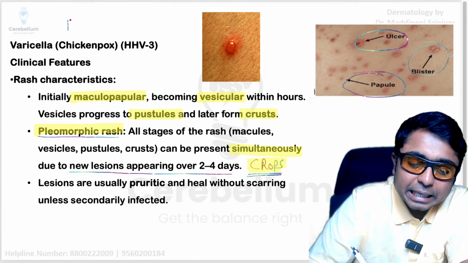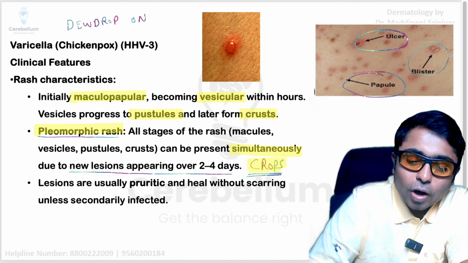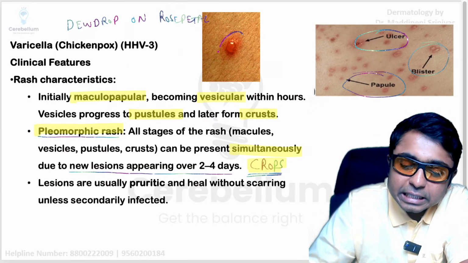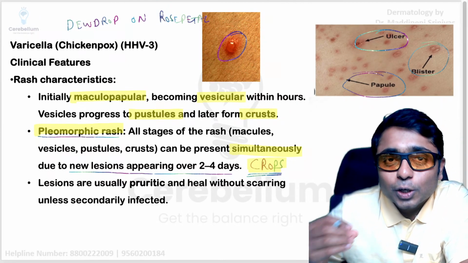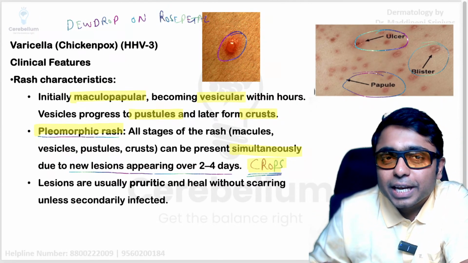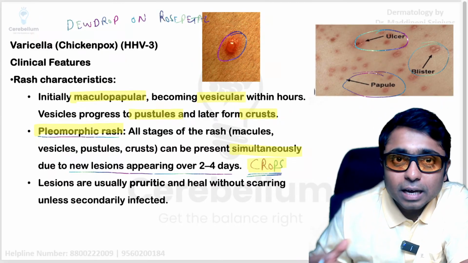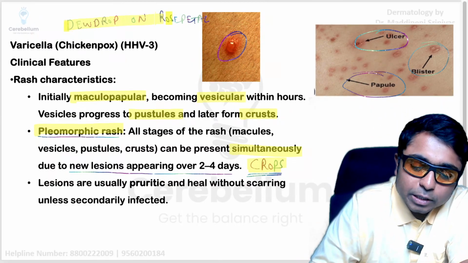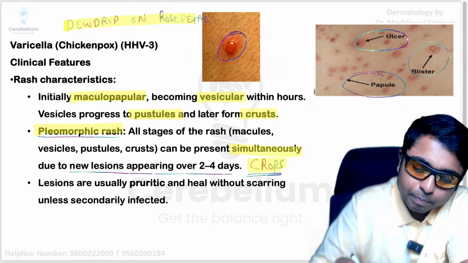The rash is described as dewdrop on rose petal appearance. If you see the picture, the skin is red, and on top of that there is this shiny fluid filled blister looking like a dewdrop on a rose petal. That is the reason why it is described as dewdrop on rose petal appearance.